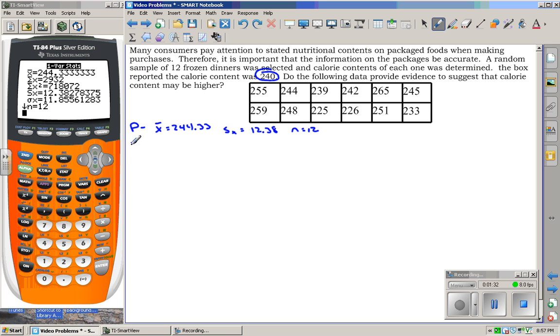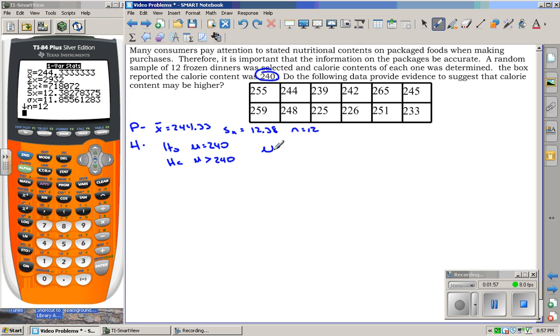So let's set up our hypothesis. So the null hypothesis is going to be that the mean is 240. The alternate hypothesis will be that the mean, now read the problem very carefully, it says, does the following data provide evidence to suggest that the calorie content may be higher? So the alternate is that it's more than 240.